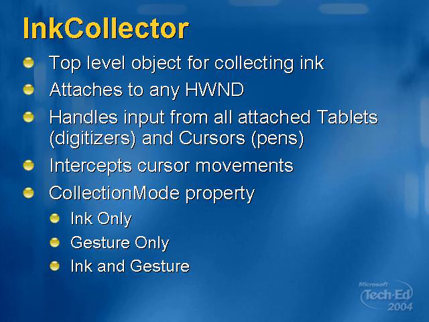Now, terminology here can be a little bit confusing. When I refer to the tablet object and attached tablets, I'm talking about digitizers that are attached to the tablet PC. Obviously, on a true tablet, you'll have one digitizer that's behind the LCD. Also on the tablet, the mouse, if it's a convertible type like this unit that I'm using here, there'll be a mouse attached.